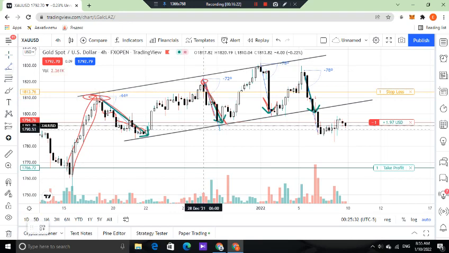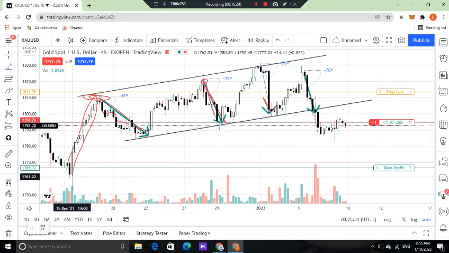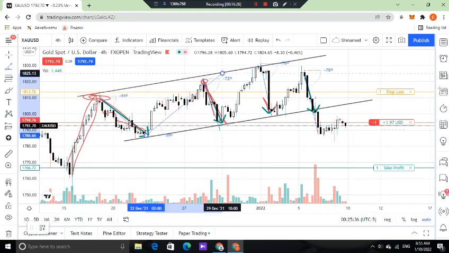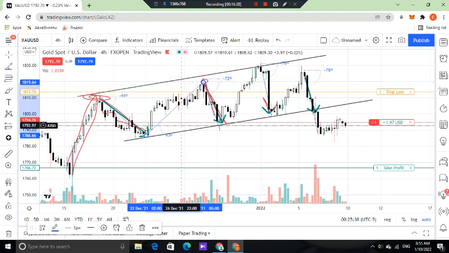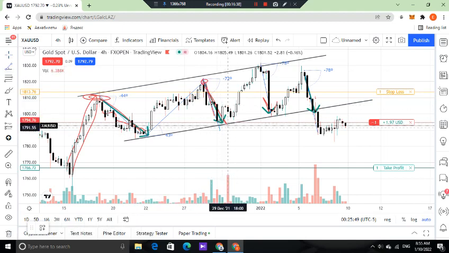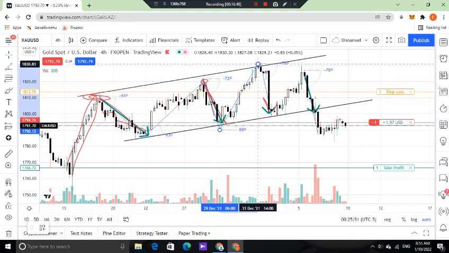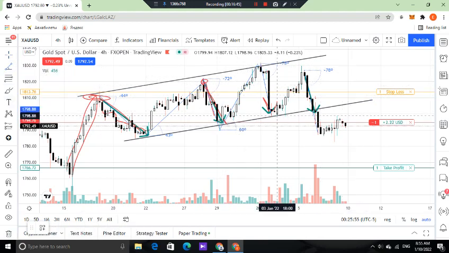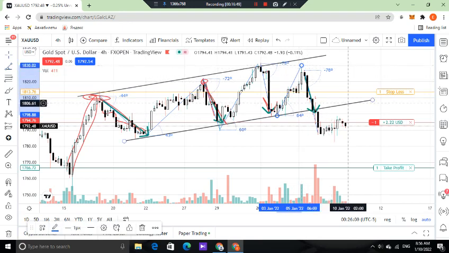And what about the bulls? We can consider angle for them too. The angle of this bullish trend at this point is 43, and at this point is 60. Here 64.